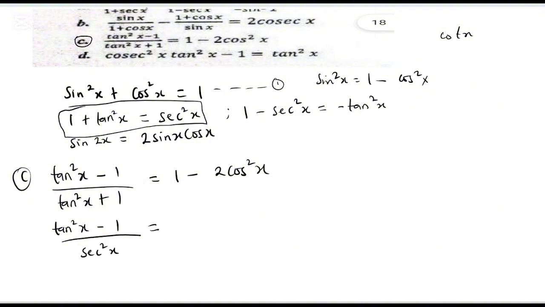Then normally tan squared x is the same thing as sec squared x minus 1. Tan squared x alone is the same thing as sec squared x minus 1. Then we have minus 1 here over sec squared x.